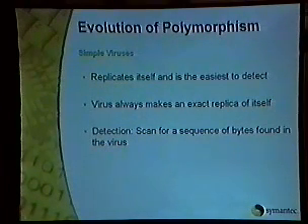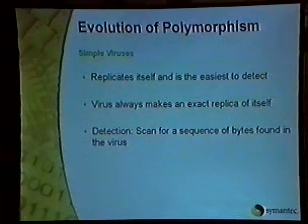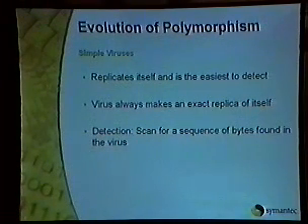And right now, about 82% of all viruses out in the world are considered simple. These viruses can mutate with different viruses, and they both end up having characteristics of their parents. The virus here always makes an exact replica of itself, and the detection for the AV vendors was basically to scan for a sequence of bytes found in that virus.